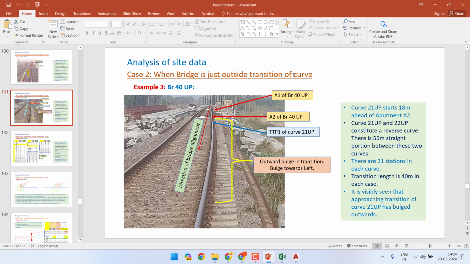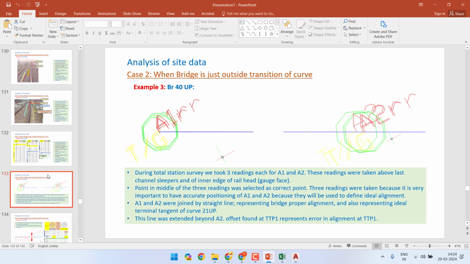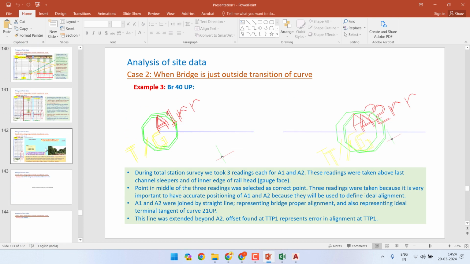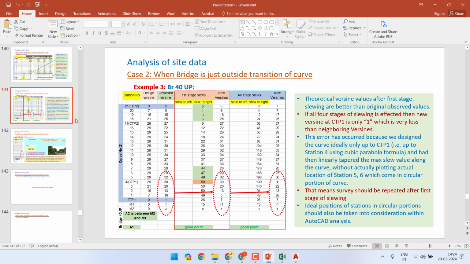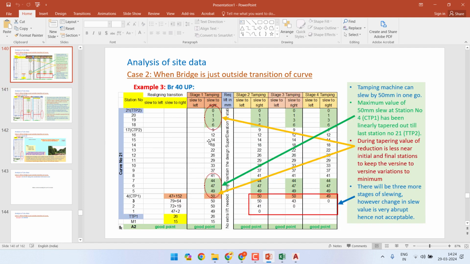Case 2 increases just outside transition of curve, example 3, base 40 up. So this goes like that, and until here is the explanation, and this analysis is correct only for first stage of tamping. For second, third, fourth stage of tamping we will have to resurvey actually, because the station to station change in slewing is too large here.